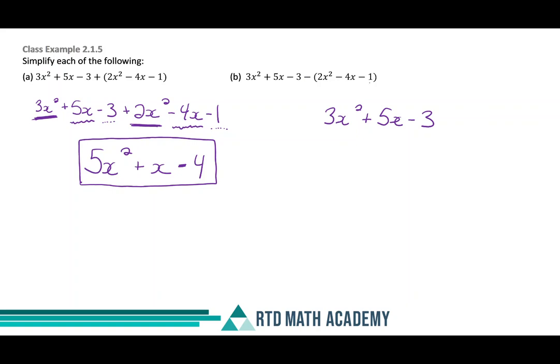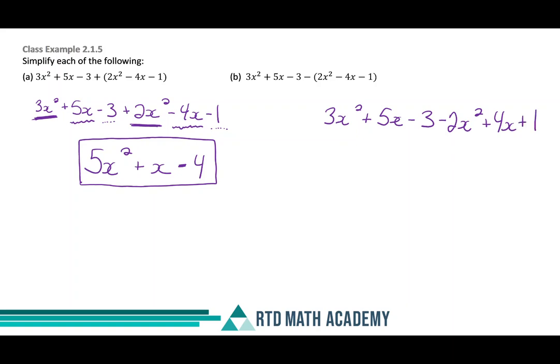Just like in chapter 1, when we had a set of brackets and an exponent outside, it applied to everything. Well, this negative sign applies to everything. It's like I'm taking negative 1 and multiplying it by 2x squared, like I'm taking negative 1 and multiplying it by negative 4x, and like I'm taking negative 1 and multiplying it by another negative 1 here at the end. So all the signs of all the terms on the inside actually change to the opposite of what they are.